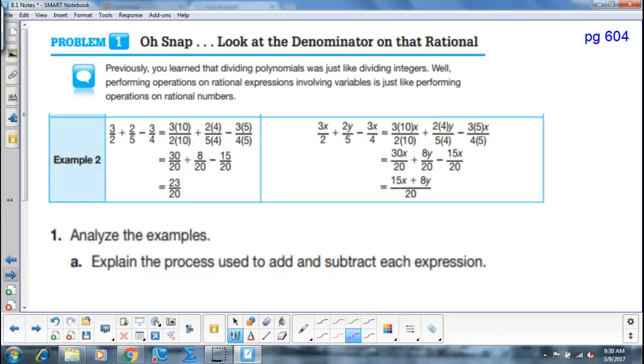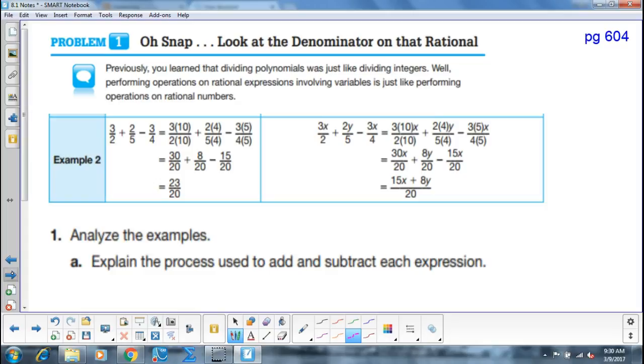604 in chapter 8. We're going to go back to the textbooks this chapter, just so you know. So we're going to be doing a lot of jumping around in your textbooks. Okay? So today we're going to go, oh snap! Look at the denominator on that rational.